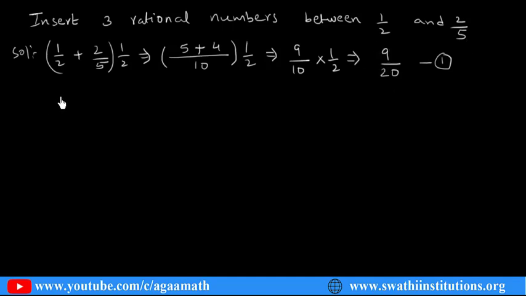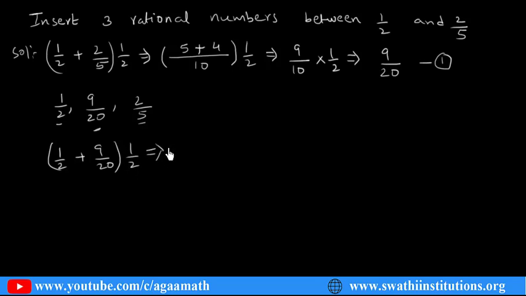So you can consider, let me write here 1/2, 9/20, 2/5. But we want 3, only one we found. Now you consider these two, it's your wish, but I do 1/2 and 9/20. So 1/2 plus 9/20 of 1/2. If you do the LCM again, you get 20.